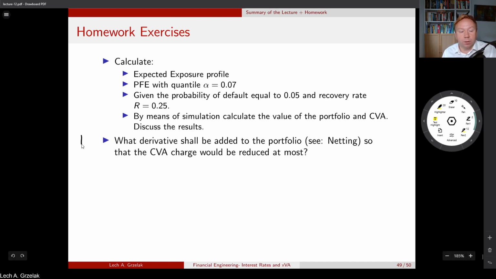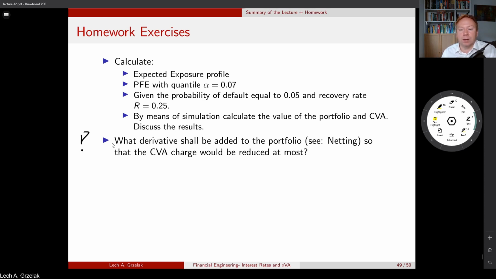The additional part is to discuss the netting effect and what kind of derivative you think would fit the configuration you have just seen, such that you can reduce the exposure in terms of expected exposures and also potential future exposures.